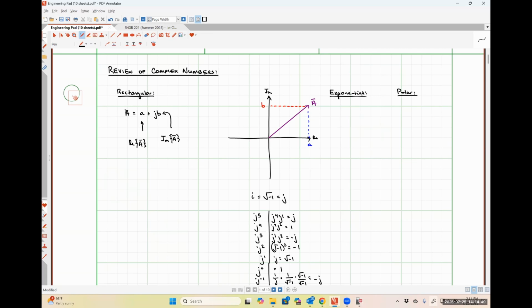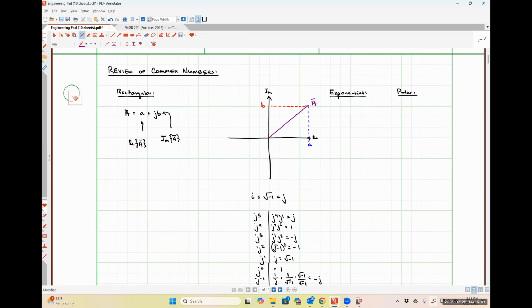So in truth, the polar form of a complex number is actually just an engineering shorthand of the exponential form. I'm going to start by showing you what the exponential form of a complex number looks like. In order to do that, I'm going to define a couple of things.